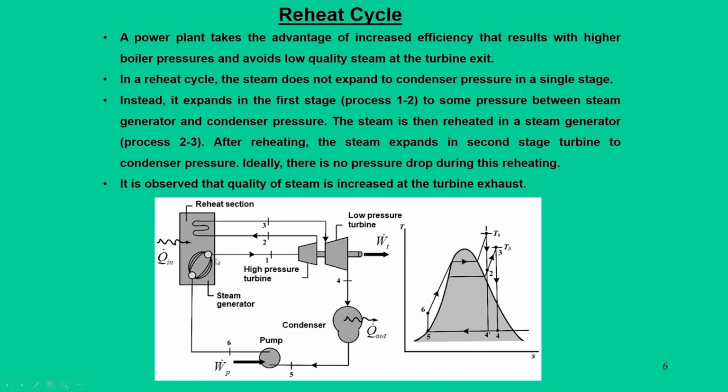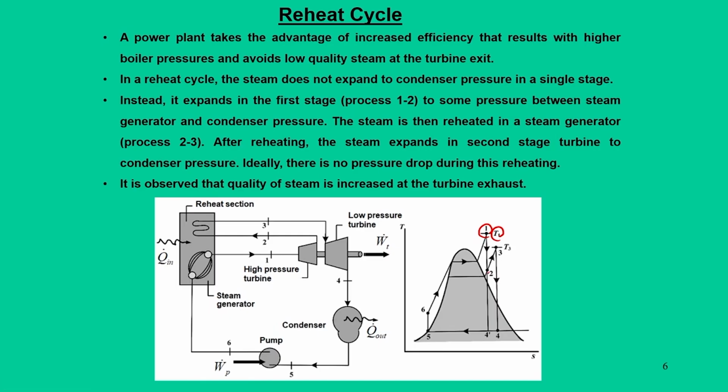Once the steam from the boiler at state 1 stands in the superheated region at temperature T1, it enters the high pressure turbine unit. After the expansion in the high pressure unit, the state goes from 1 to 2. So, the isentropic expansion from 1 to 2 takes place in the high pressure turbine.